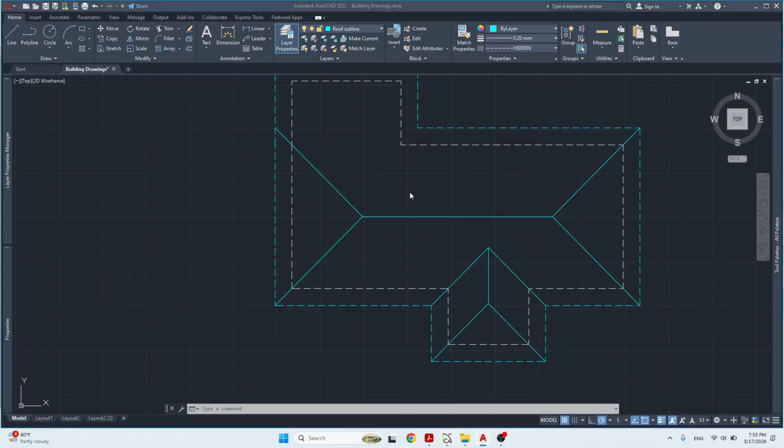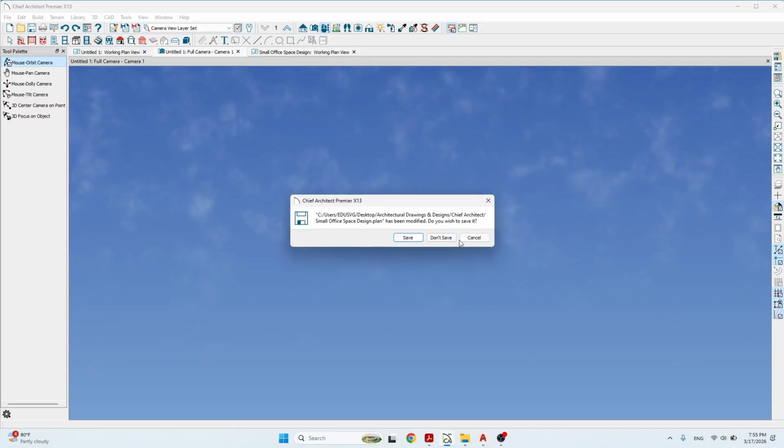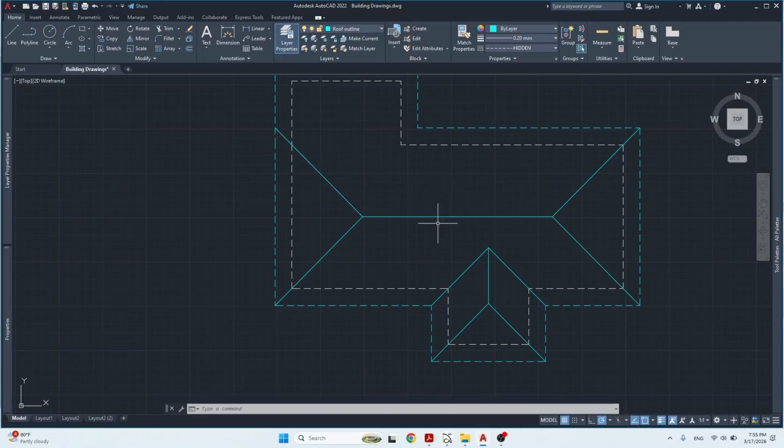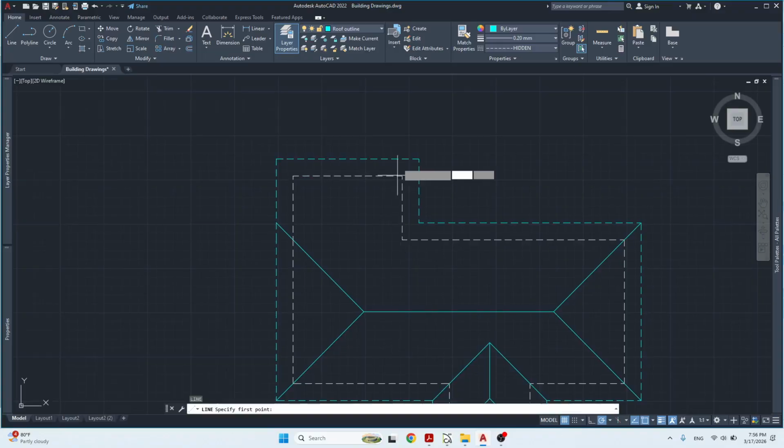That's pretty similar to the example that we had earlier. So this ridge is much lower, so it's not going to go all the way to that ridge. It stops right where these valley rafters meet the ridge up there. That's where it stops. So let's go to the other side.